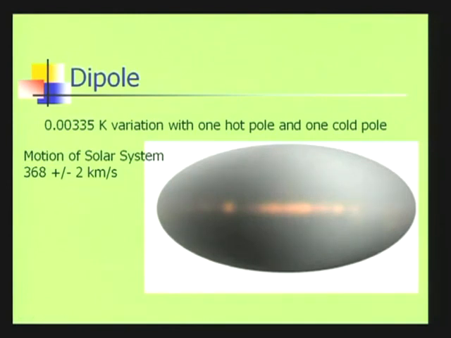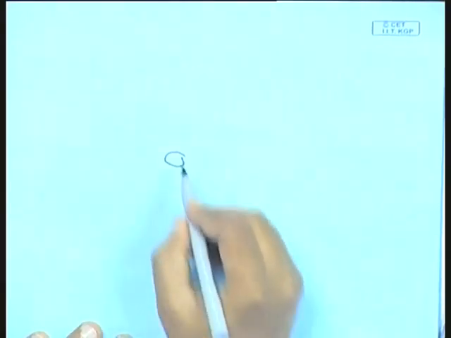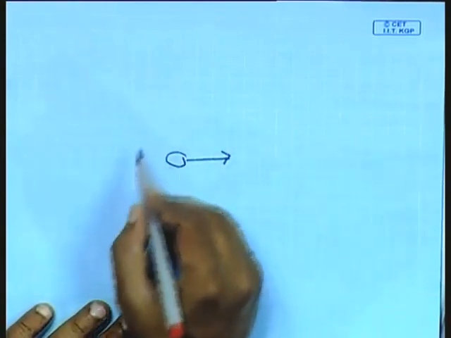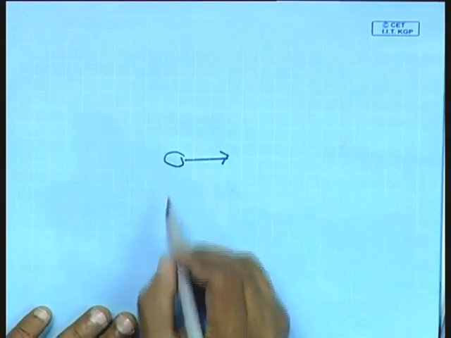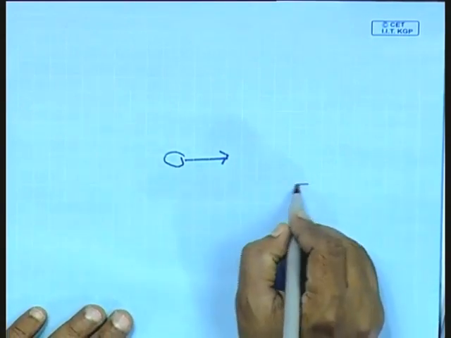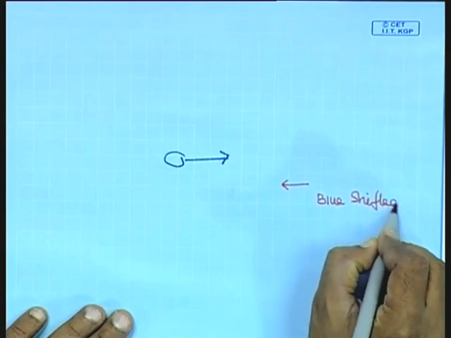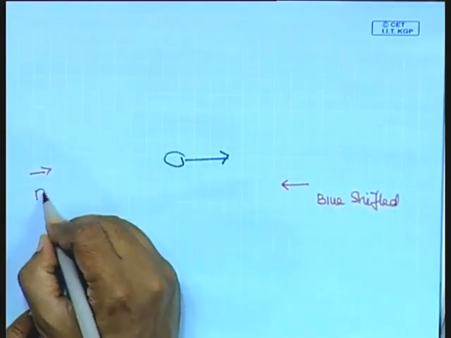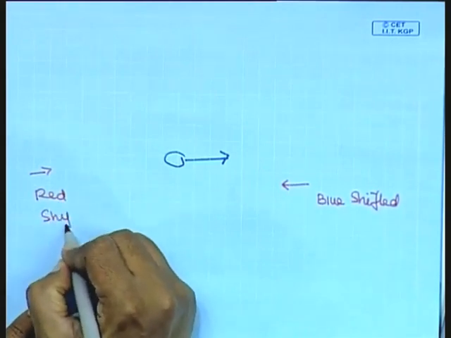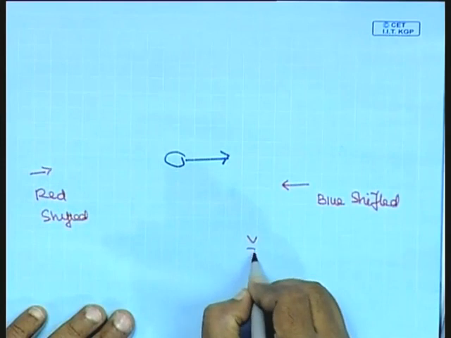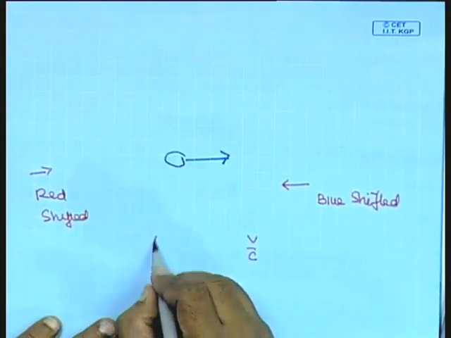So if the solar system, let us say this is the solar system, is moving in some direction, then, we are assuming that there is a frame of reference in which the CMBR is isotropic, and if the solar system is moving with respect to that, then the photons from this direction will be blue shifted and the photons from this direction will be red shifted due to the Doppler shift, and the shift is v/c.